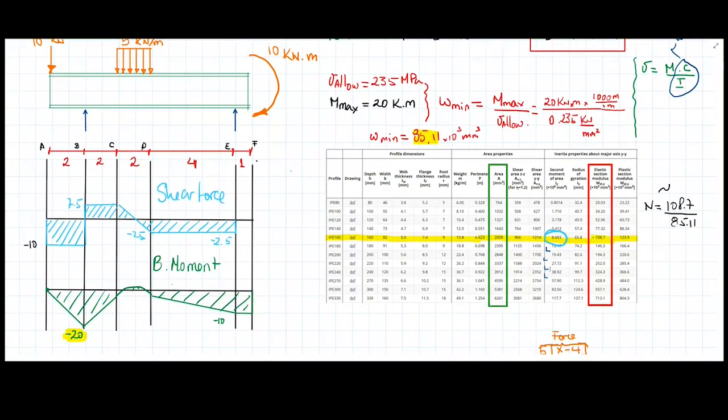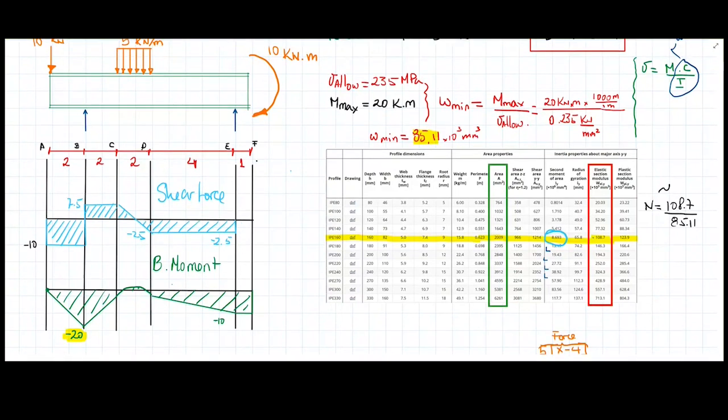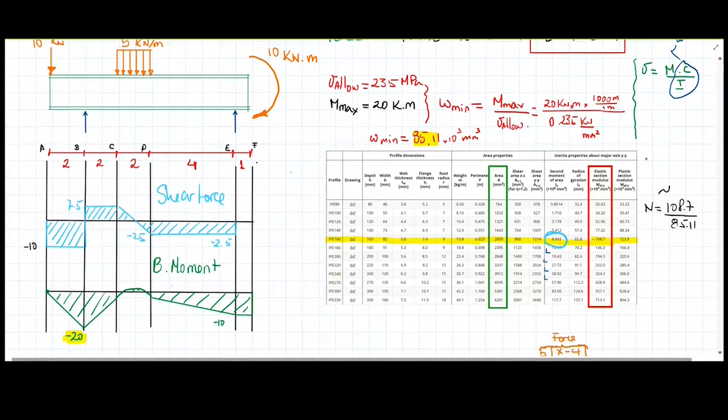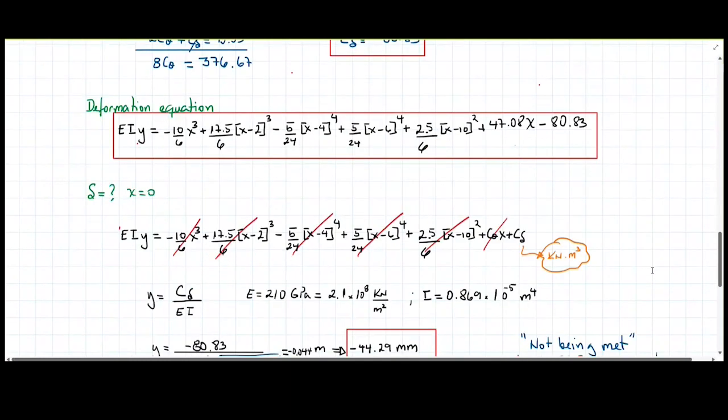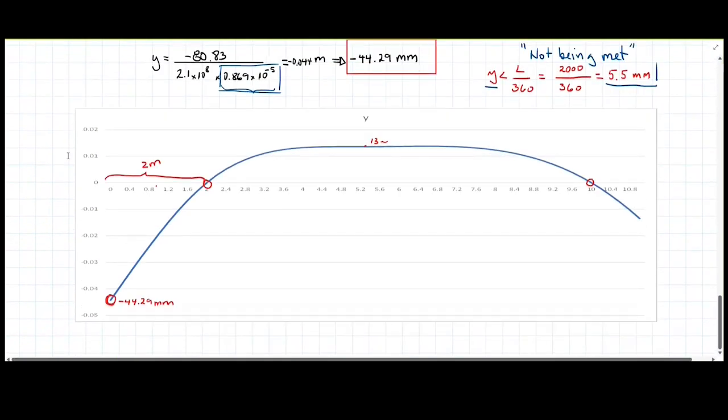If I do that calculation, it's going to be divided by 85.11, so that's going to give me a safety factor of 1.28. Even though it might seem like a nice safety factor, it's not going to yield, but it's going to deform in a way that is not what was expected or required from the problem or from the solution you are designing.